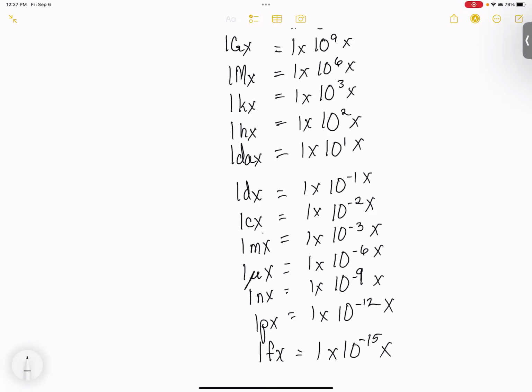My goal is I've seen too many individuals that do not know the metric prefix conversion factors, and they struggle with them and with memorizing them. So I gave you a tool. That was my goal, to just give you a tool.